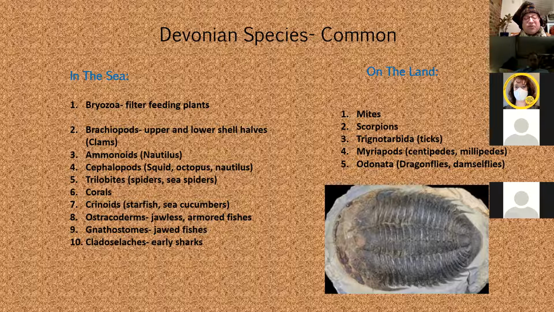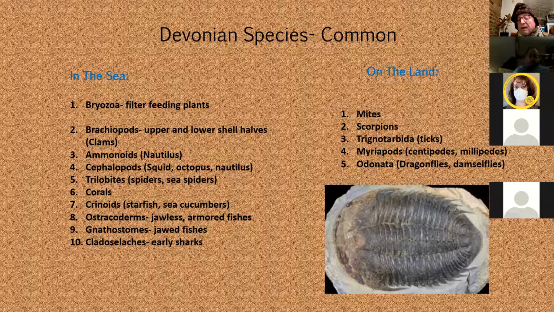Then gnathostomes, excuse me, I pronounced that, gnathostomes, there's no R. Those were jawed fishes, much like we have today, although some of them had armor-plated heads as well. And then cladoselache, which were early sharks, very, very similar to what we have today.